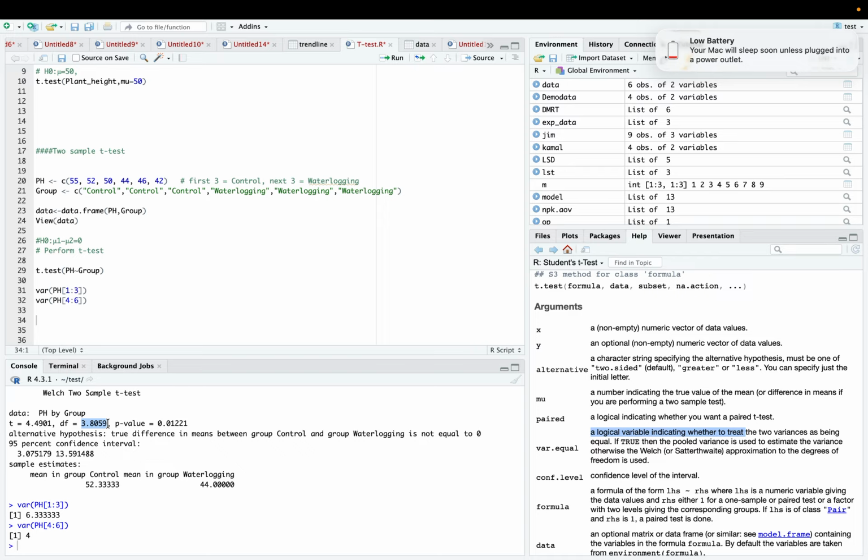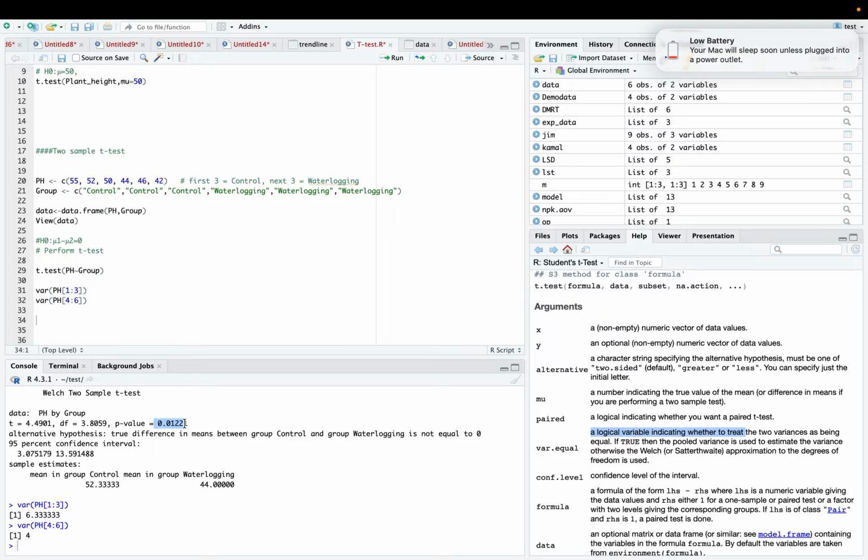In the Welch-Satterthwaite formula, they adjust it, which is why it comes out as a decimal. The p value is 0.0122, which is lower than 0.05.